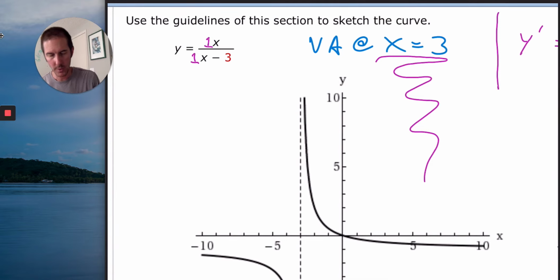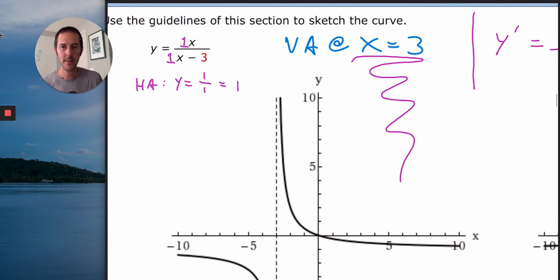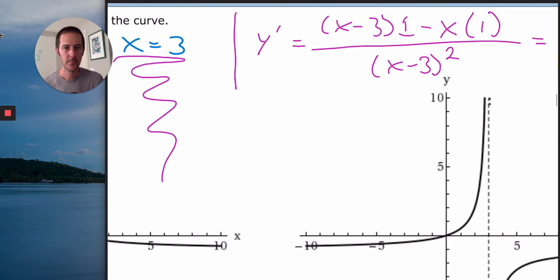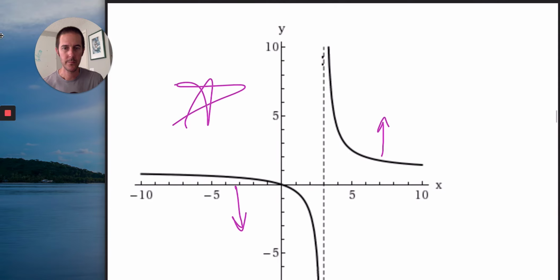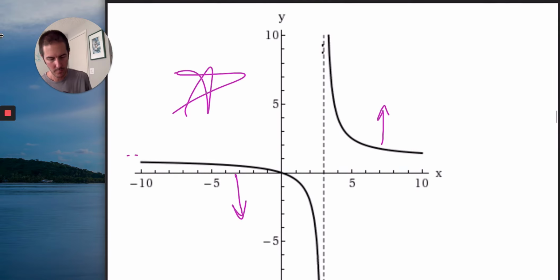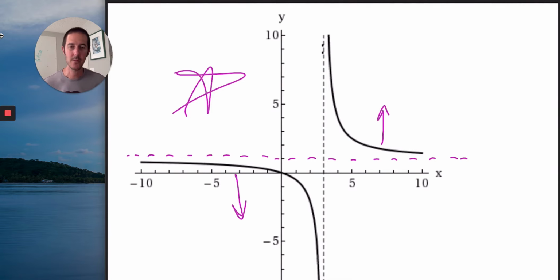The leading coefficient here also happens to be a 1. So our horizontal asymptote will have the equation y equals 1 over 1, which is equal to 1. And is that the case? Looks like it. Horizontal asymptote has equation y equals 1.